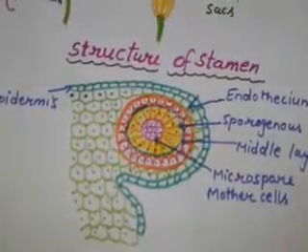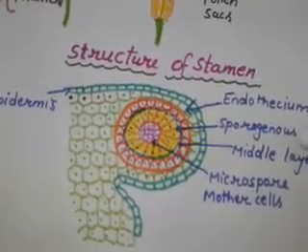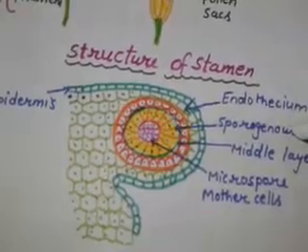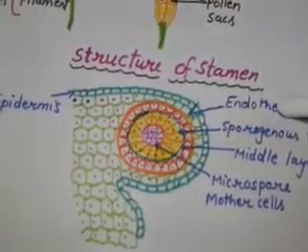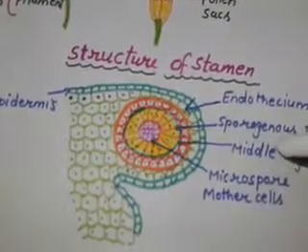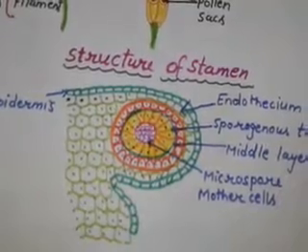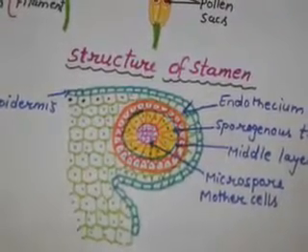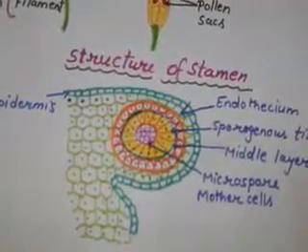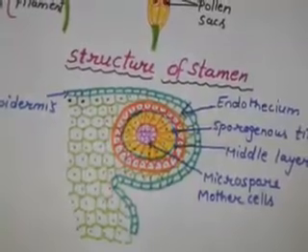Okay, now we must know what is the role of these layers. Okay, these 4 layers, especially epidermis, endothecium, and middle layer, provide protection to the pollen grain, and when pollen grain gets mature, then these layers get ruptured. Okay, and then pollen grain comes out. Understand, all of you?